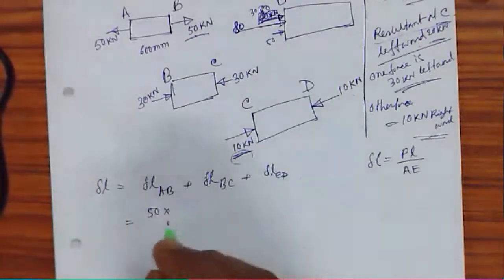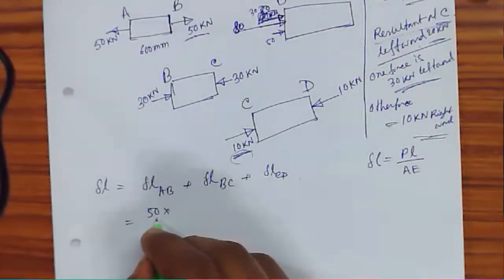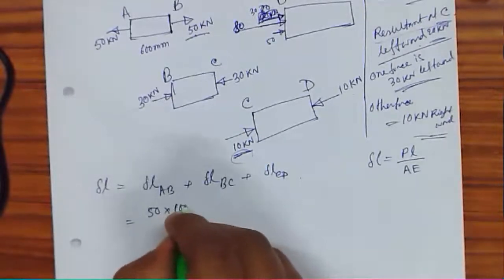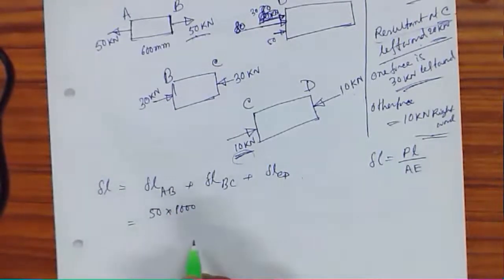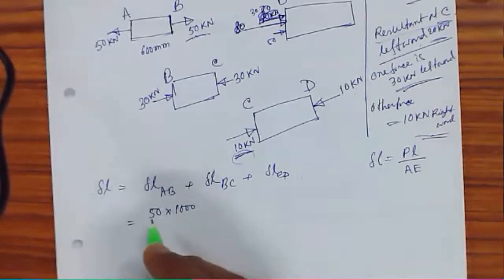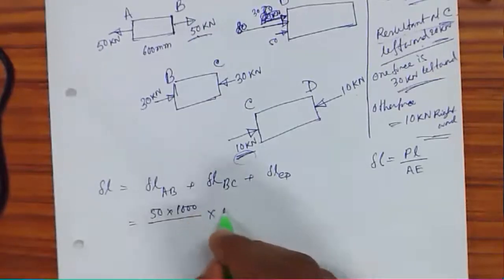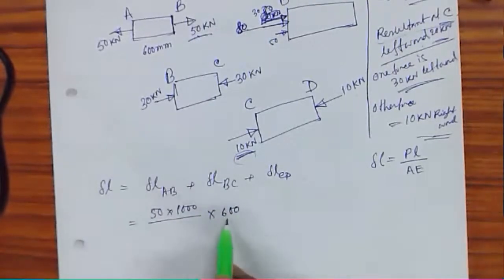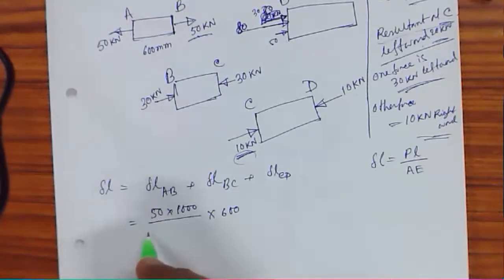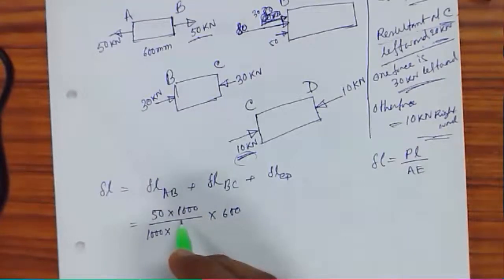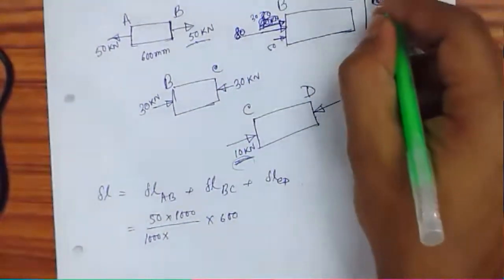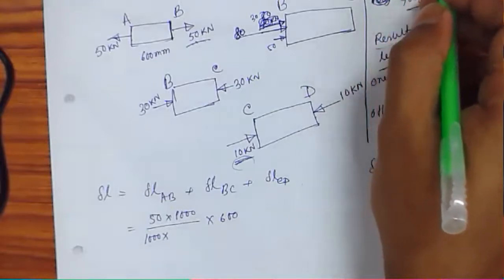So 50 kilonewton should be converted into Newton by multiplying by 1000. Now L is 600 millimeter. If we keep this in millimeter, then we can keep A and E in millimeter as well. So area is 1000 millimeter square, and E is given here as 1.05 into 10 to the power 5 Newton per millimeter square.